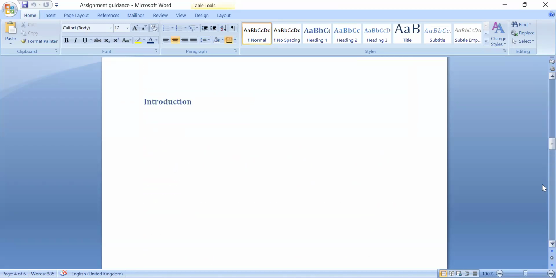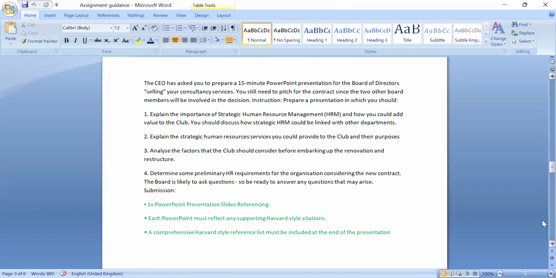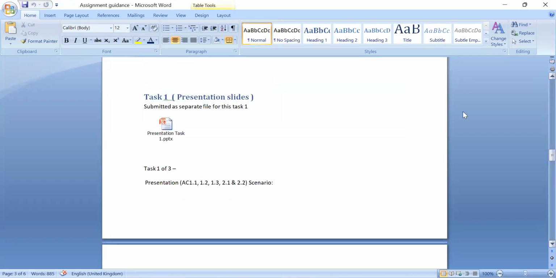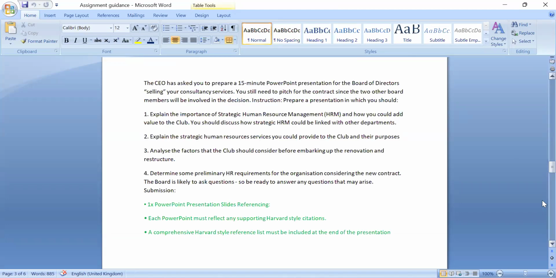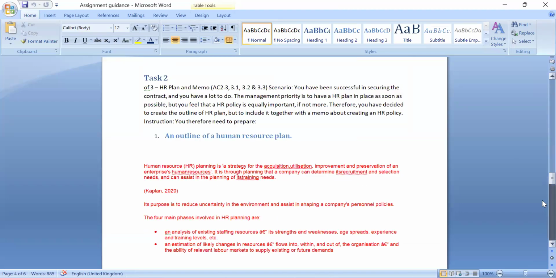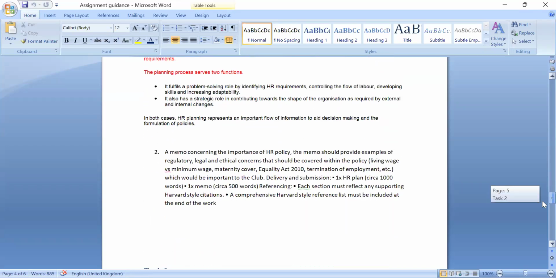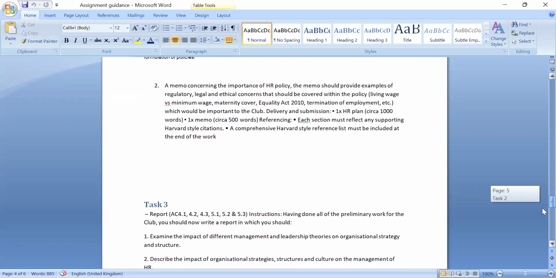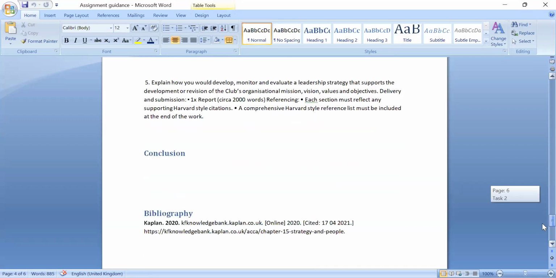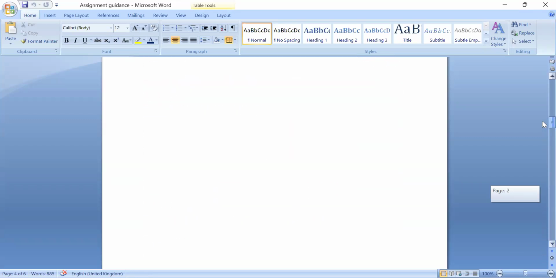If you want, you can include the PowerPoint link in the same file, and that can be good. Then task 2, you can move around as I mentioned in the PowerPoint slides. Divide your discussion, then move to task 3, which is about reporting. Make sure you add the references.